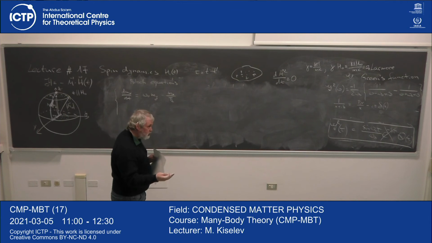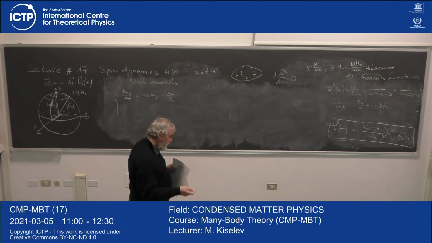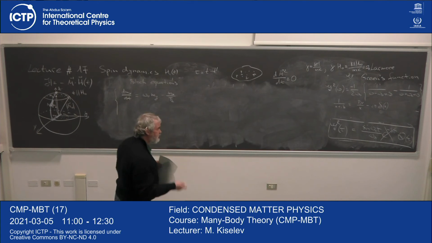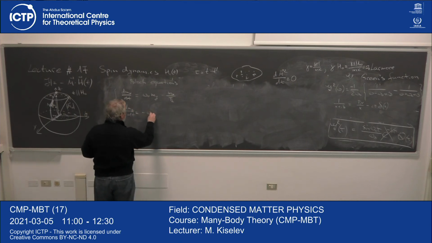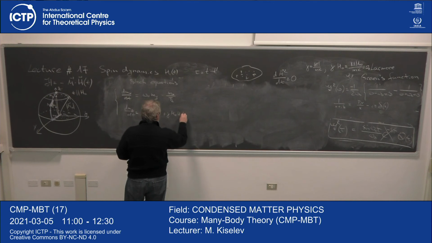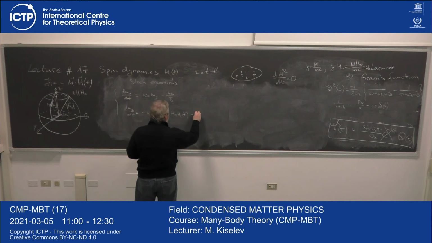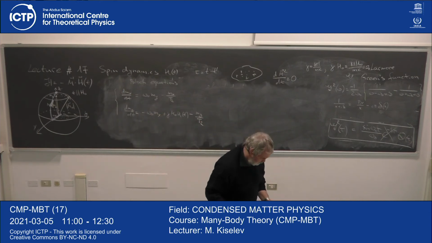What is important, due to this axial symmetry, is that the relaxation times in the transverse direction are the same. So dmy over dt is equal to minus omega naught mx plus gamma m naught hy(t) minus my over T2.